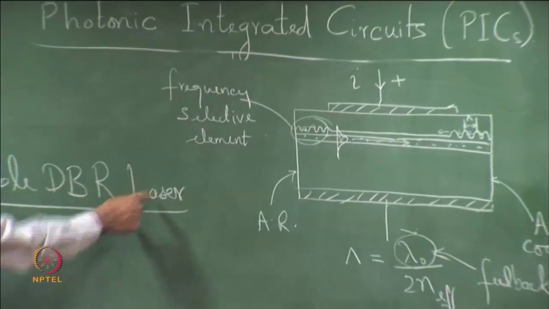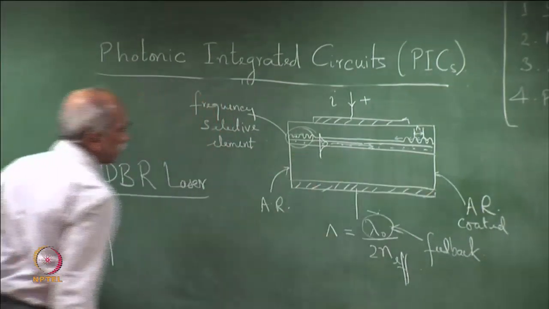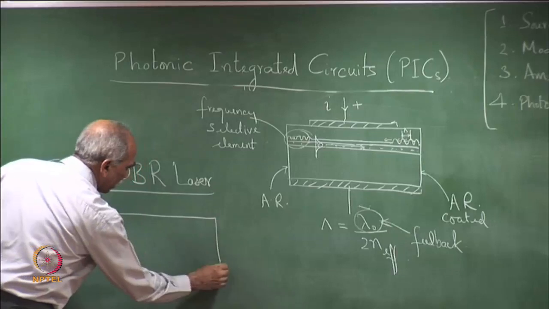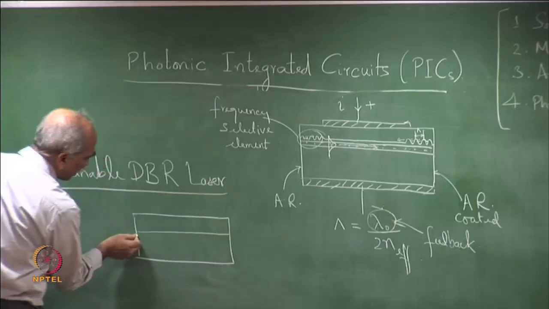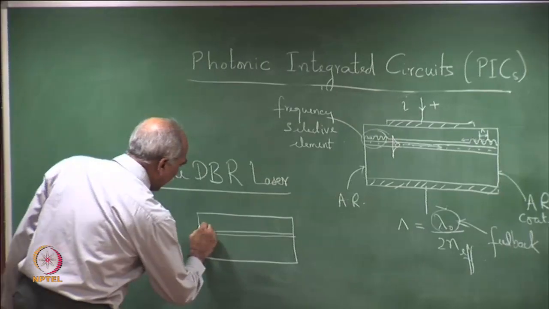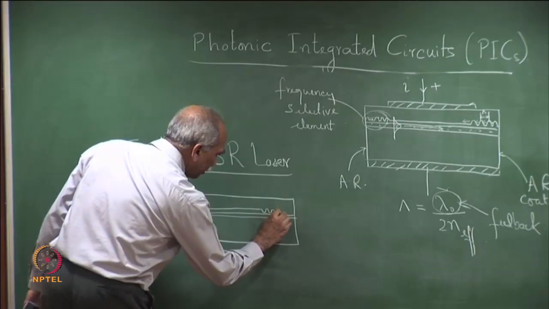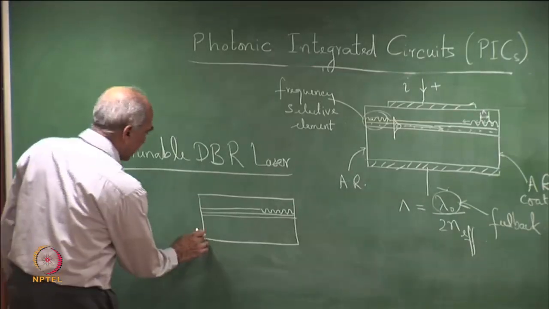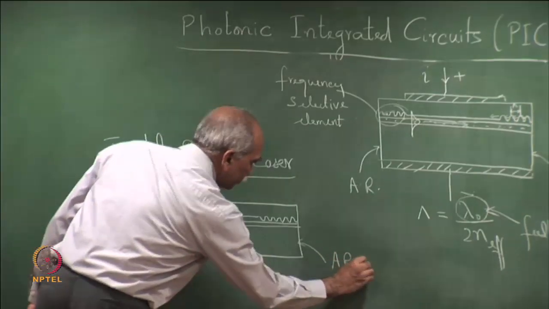In a tunable DBR structure, there is no need of having both the frequency selective elements, we can have only one of them. In a 2 segment tunable DBR, we have this region, that is the active region right up to the end, and then the cladding region. In the cladding region, we have the periodic grating over one end, and we have the other end anti reflection coated, AR coated.